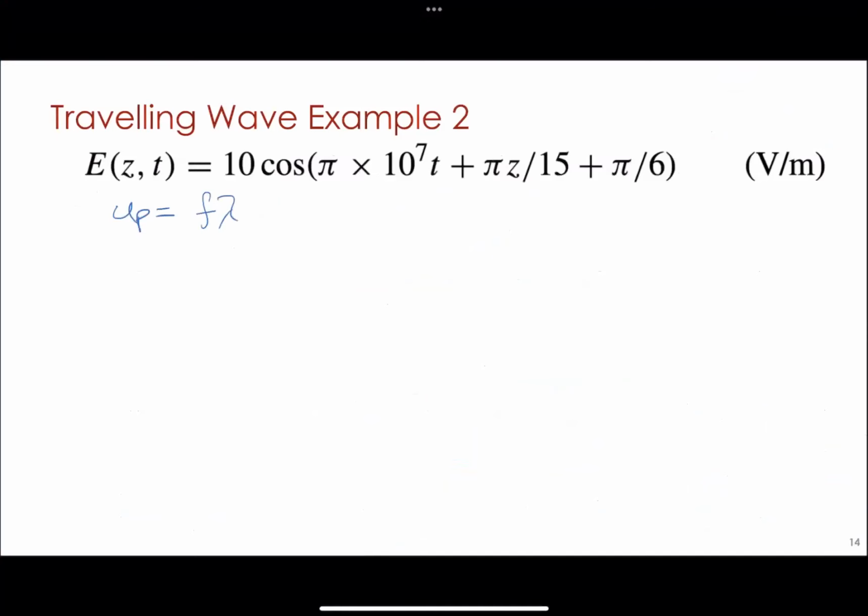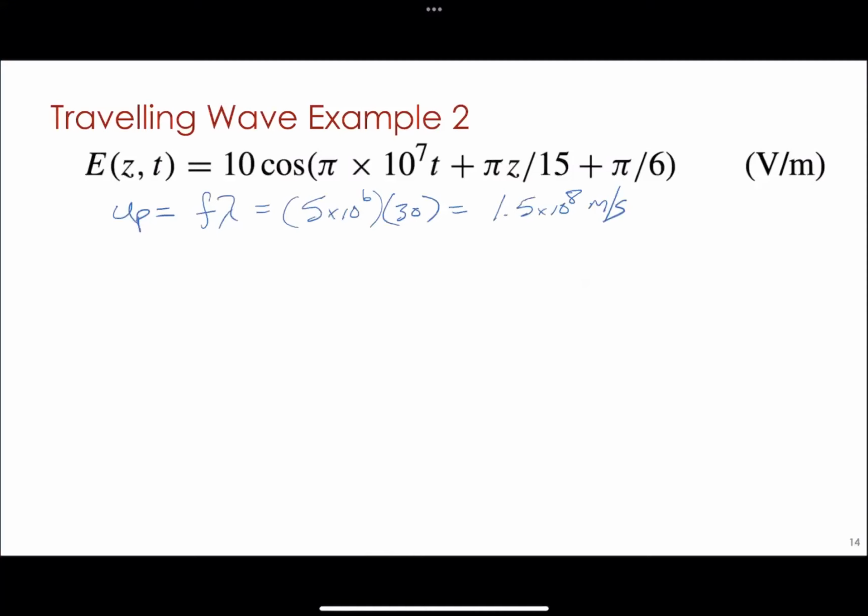We already calculated f and we calculated lambda, so we might as well use them. f was 5 megahertz, that's 5 times 10 to the 6. Lambda we just calculated to be 30. 5 times 30 is 150 times 10 to the 6. So that's 1.5 times 10 to the 8 meters per second.